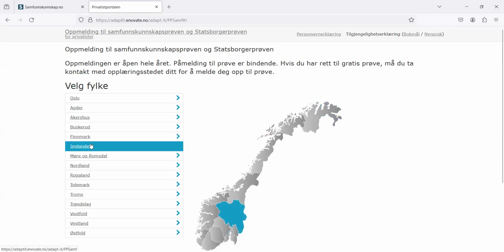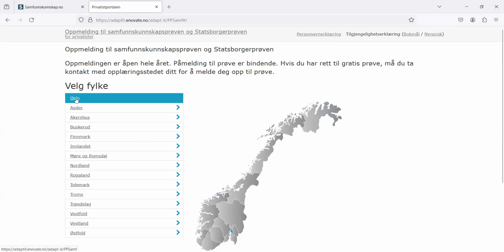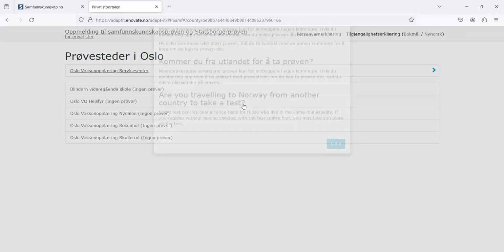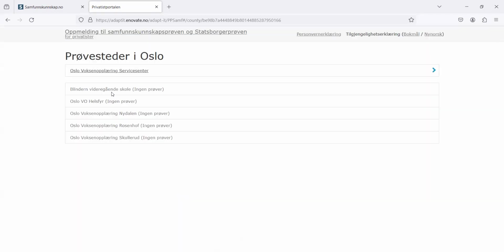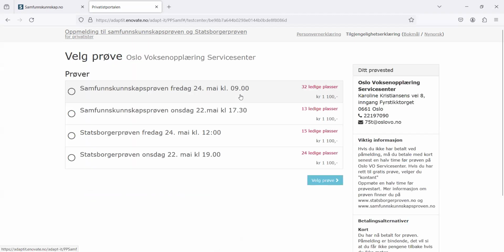county. For example, if you are living in Oslo, you will choose Oslo. There are many options available, but currently there is just this one, Oslo Voksenopplæring Service Center.